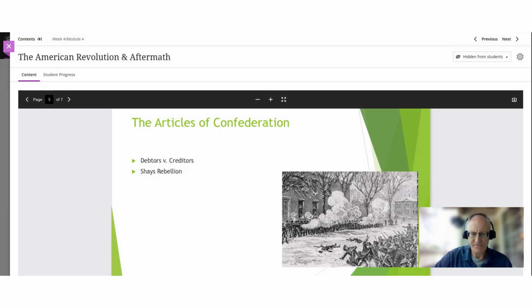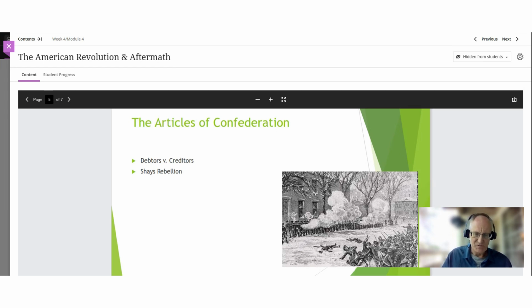Initially, the farmers and landholders within Massachusetts petitioned the state government for tax relief, but these efforts were unsuccessful. And state officials grew increasingly nervous over the potential for some sort of insurrection. And so, as a result, the state militia was called out in order to impose order.